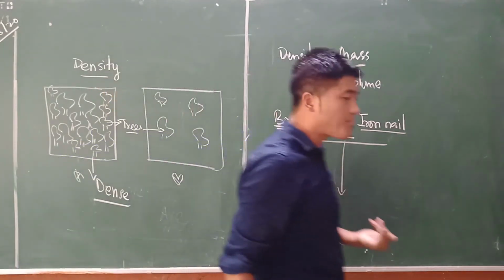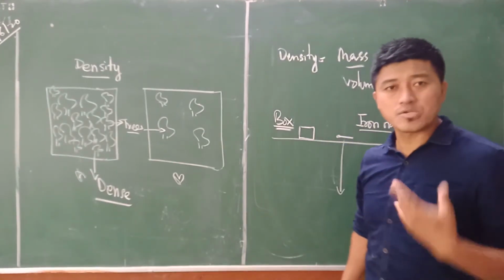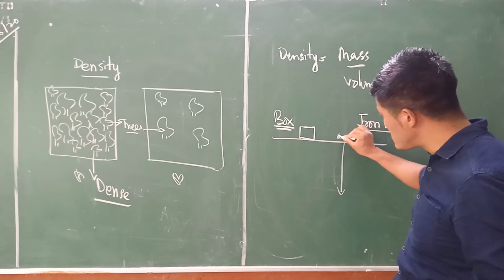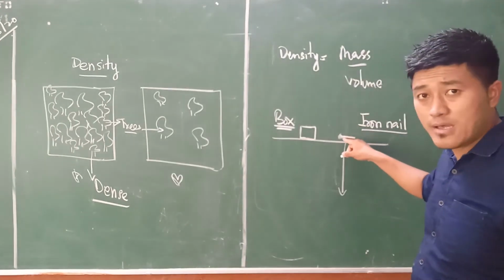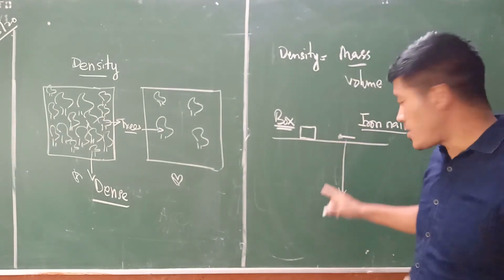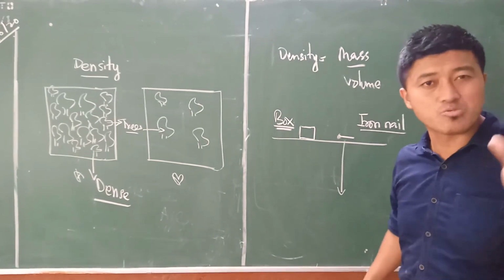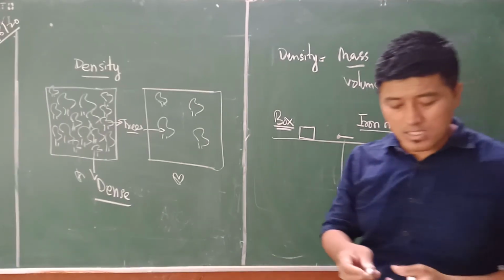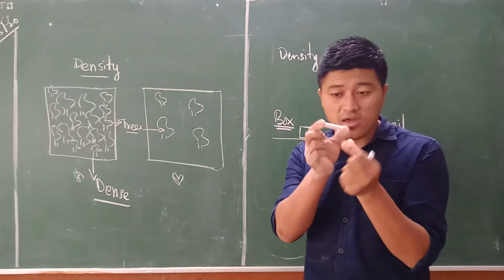Now, when this happens, what is important for us to know is the density of this iron nail. In a small unit area, there is a huge amount of particles present, let's say this is the unit area here.